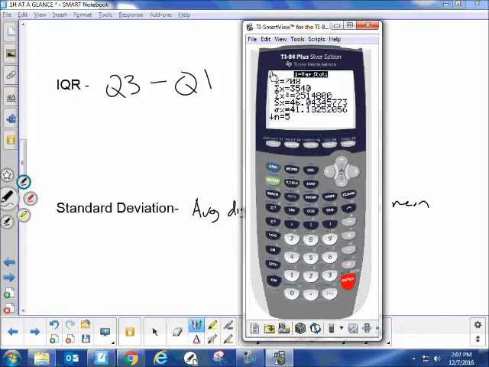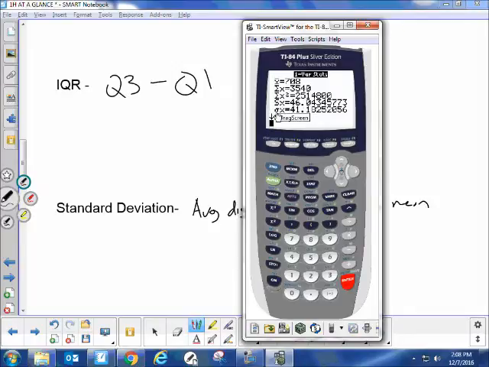You press calculate, and it does everything. X bar is the mean. This is the sum of all the values. You don't use that ever. Here is the sample standard deviation. Here's the population standard deviation. They're two different numbers. It all depends on, if we have a sample, we want to spread things out to account for more things if we have outliers that are not taken care of.